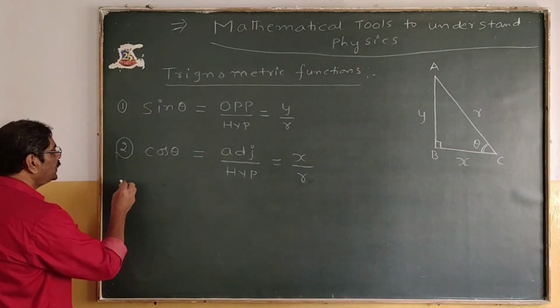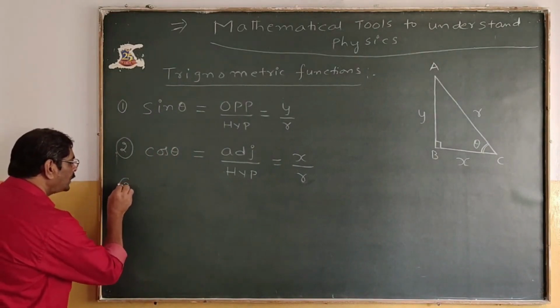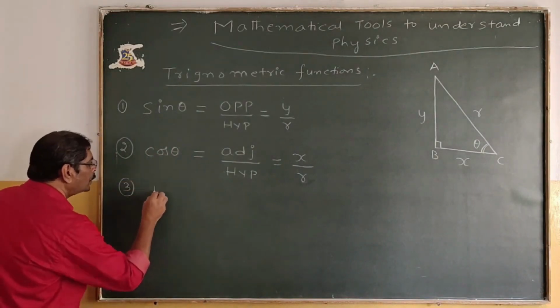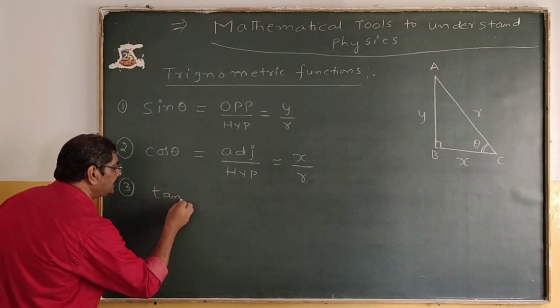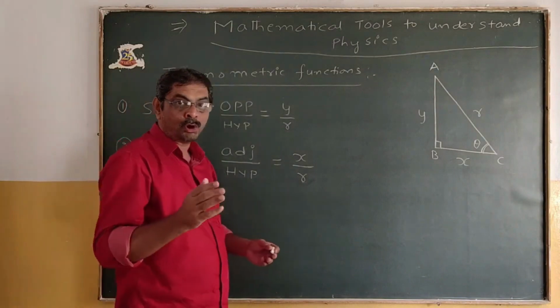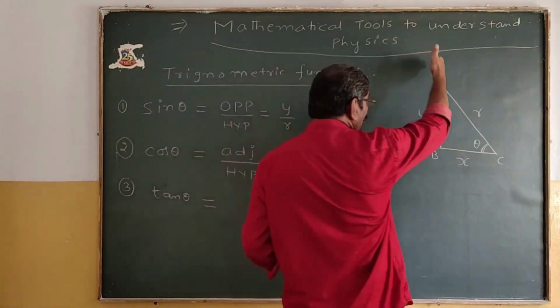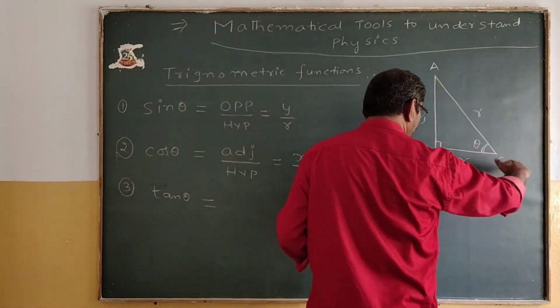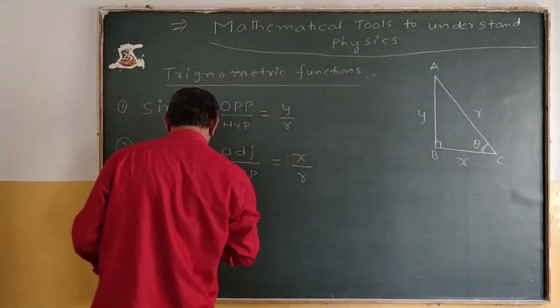Similarly, the third trigonometric function is tan theta, and tan theta is always defined as opposite divided by adjacent.